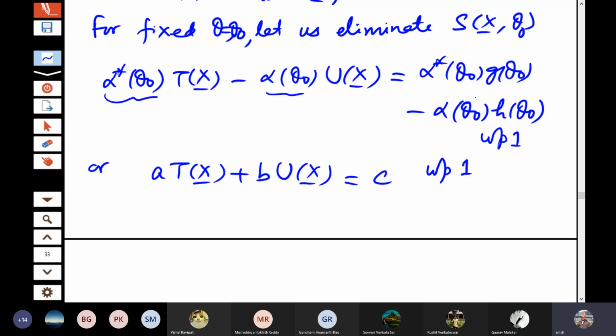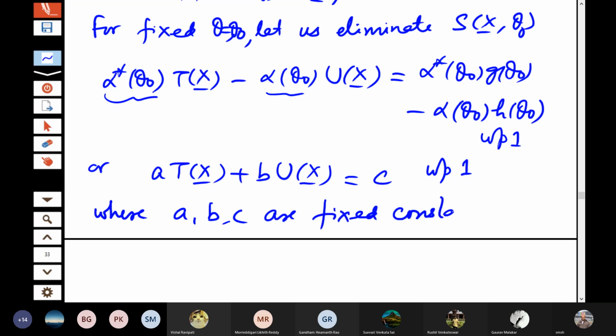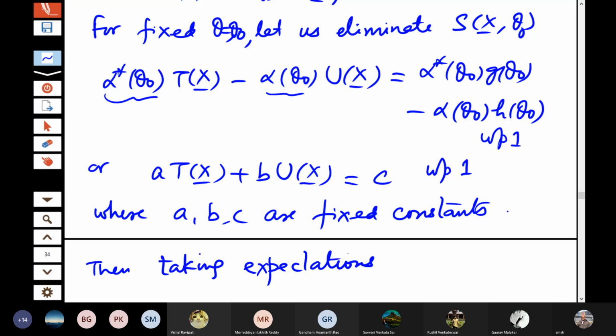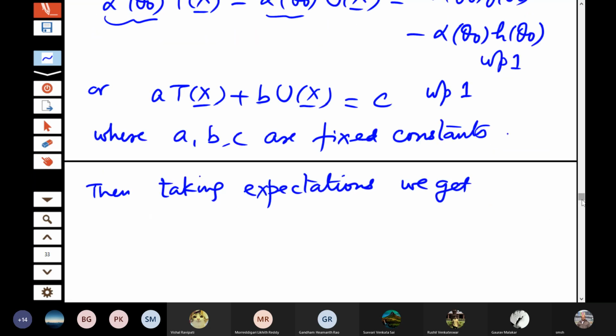So now if you take expectation, a times g theta plus b times h theta is equal to c.